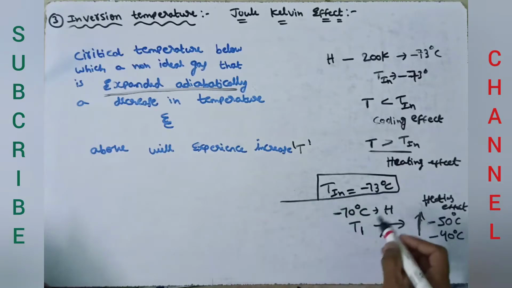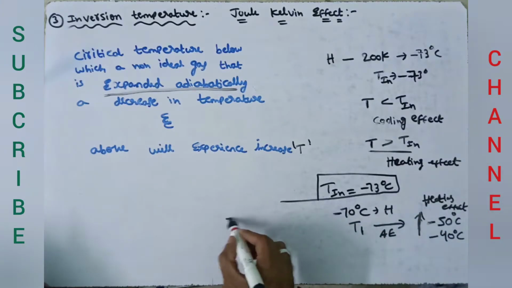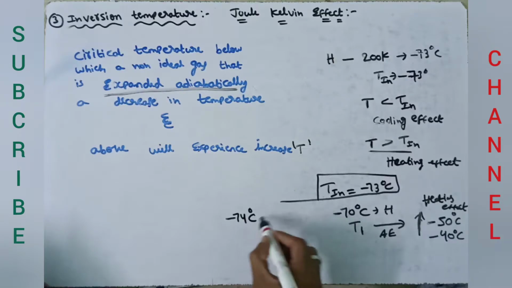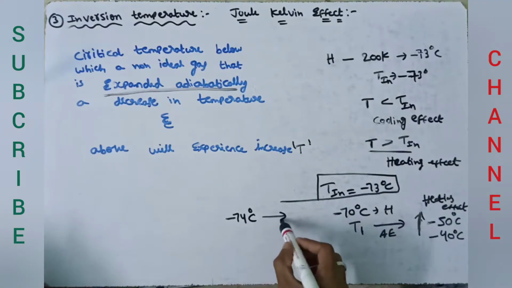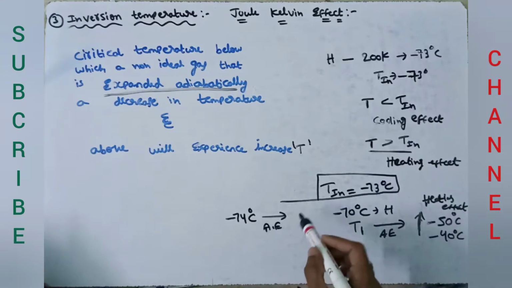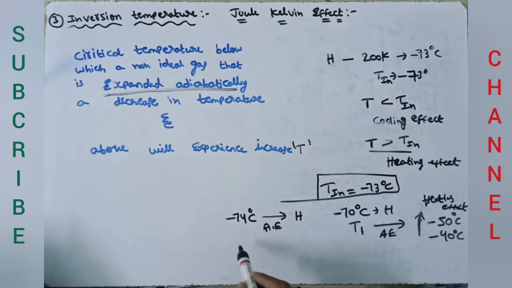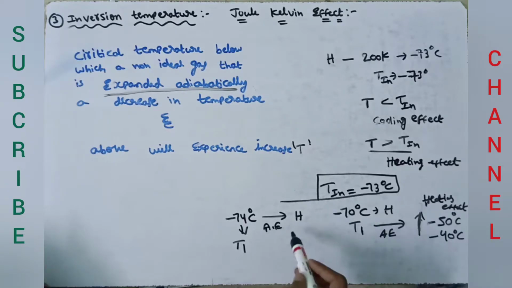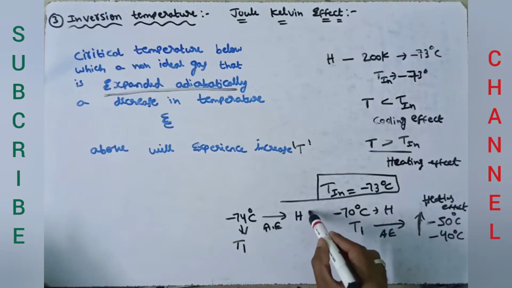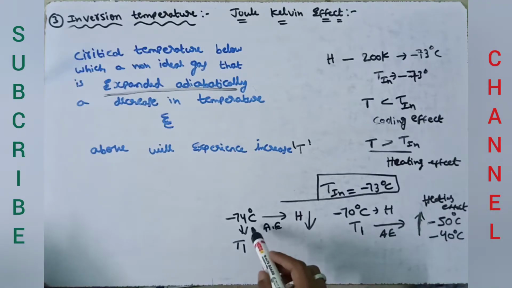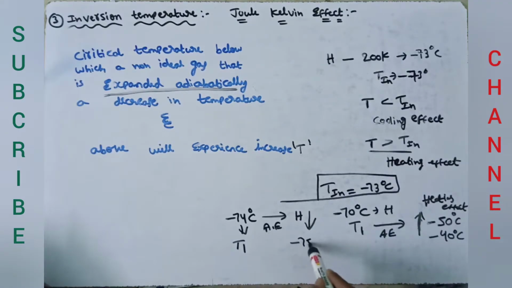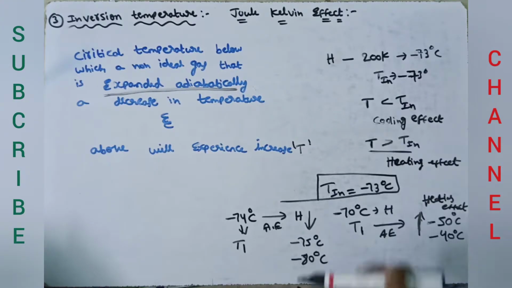If we take a temperature less than this, which means hydrogen gas at minus 74 or minus 75 degrees Celsius, and expand that gas adiabatically from constant high pressure to constant low pressure, then its temperature decreases; it becomes minus 75 or minus 80 degrees Celsius. Its temperature decreases like this. This is called the cooling effect.